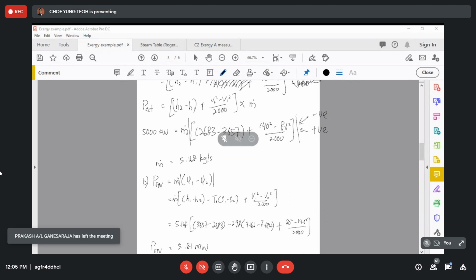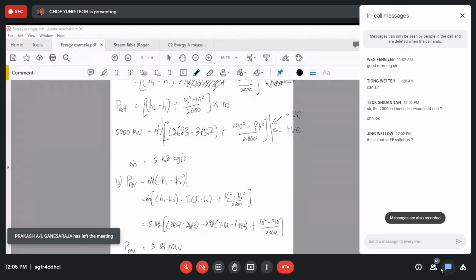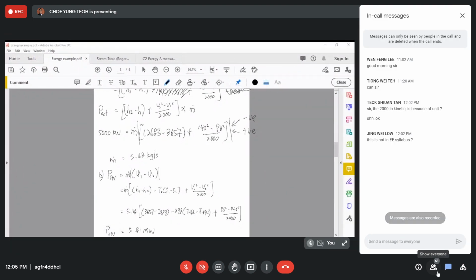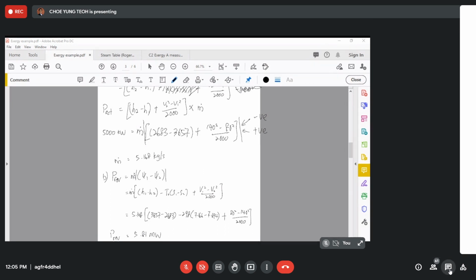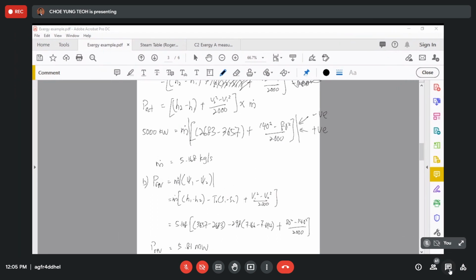Then this calculation may help you better understand the concept of the potential of energy. But it's not as important compared to RME and RMH. So for EE, if you don't understand the calculation in detail, it's still okay.